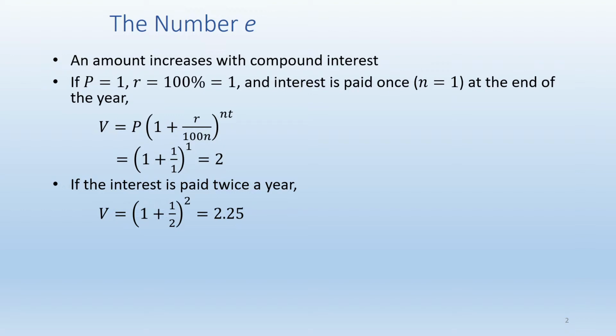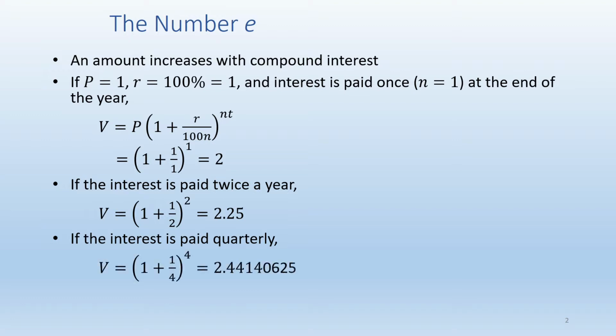So if we keep going and have the interest paid more often, does that mean we're going to end up with more money? Well, you would think so. So let's work it out for 4 installments. So now our number of installments is 4. And notice that we have an amount there that's, again, bigger than the previous amount.